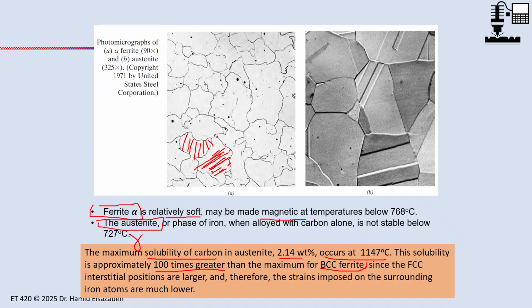But again, all of the unit cells within that grain will have the same arrangement. This is a grain for austenite.